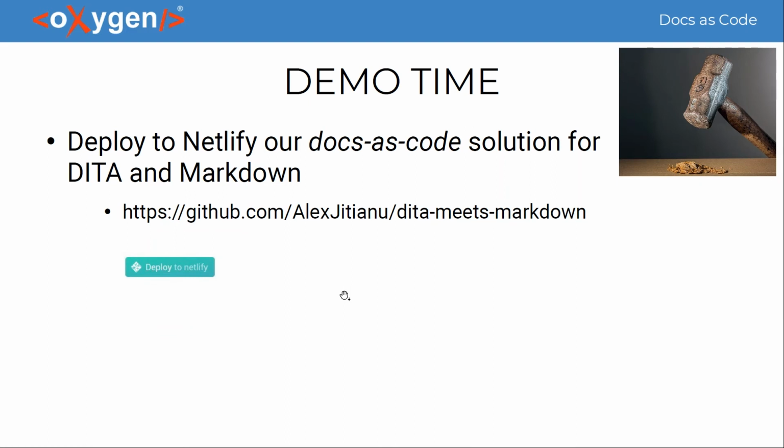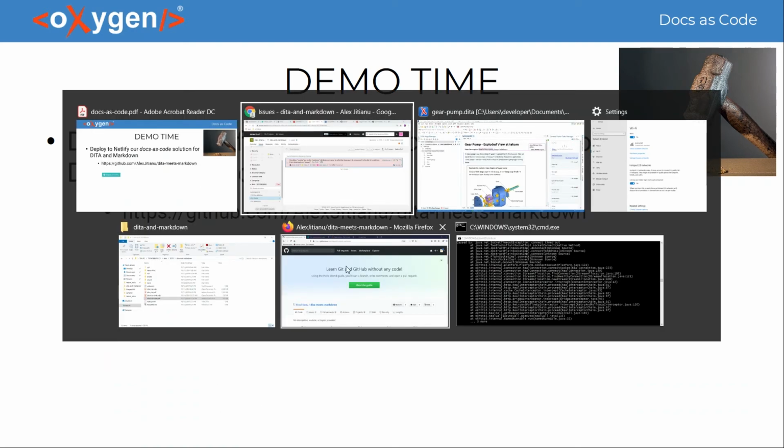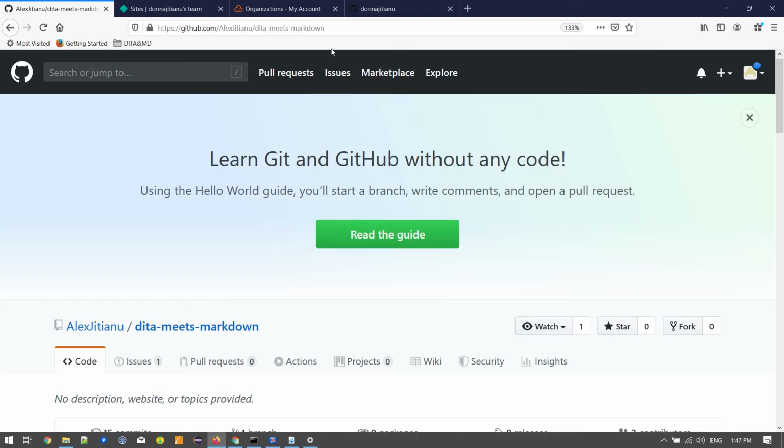If you want to try this solution yourself, let's see what you can do. You need to go to GitHub, to github.com/Alex Jitianu, my name, and then the project Data Meets Markdown. Can you show me the other slides?